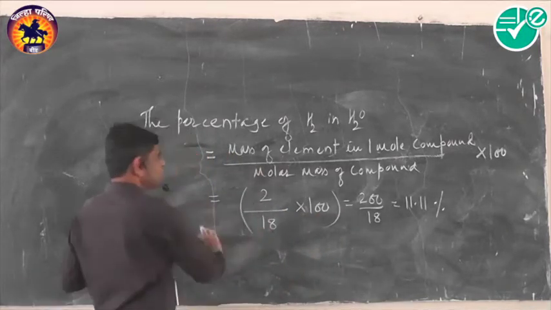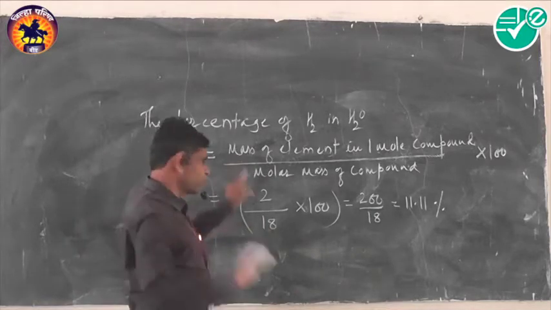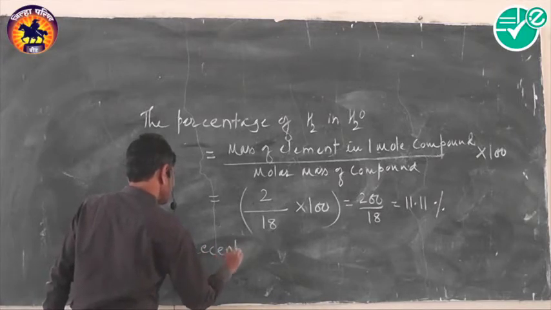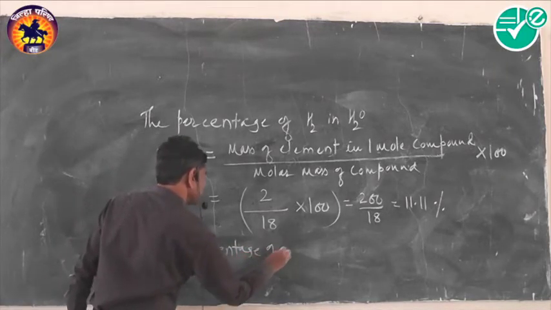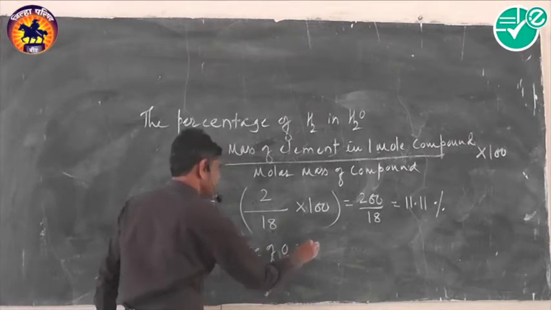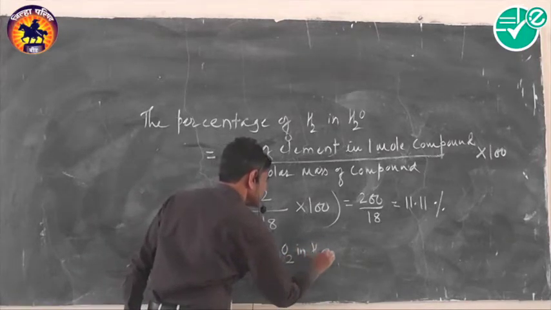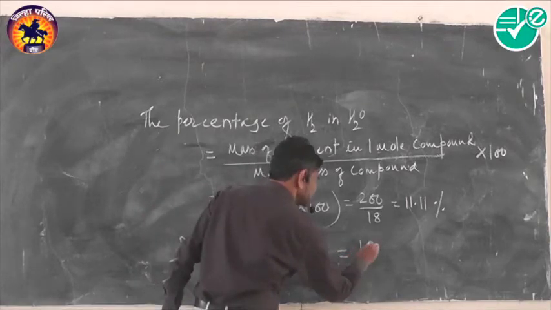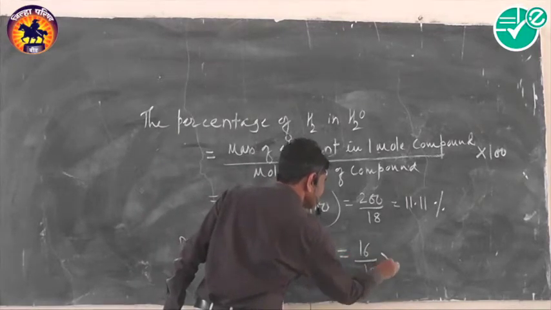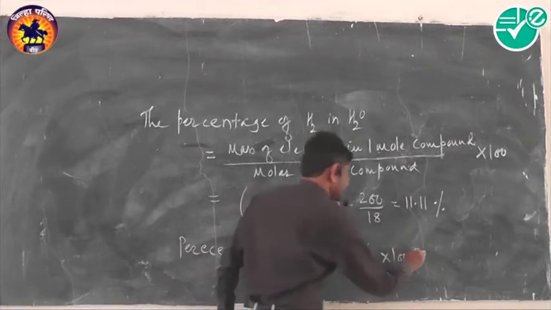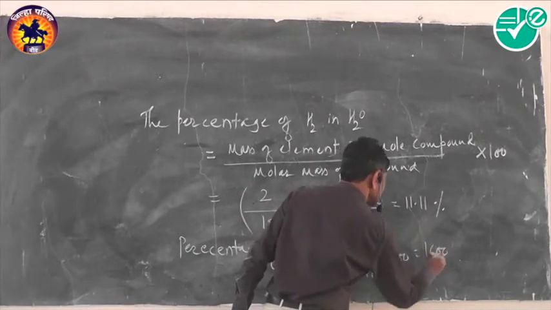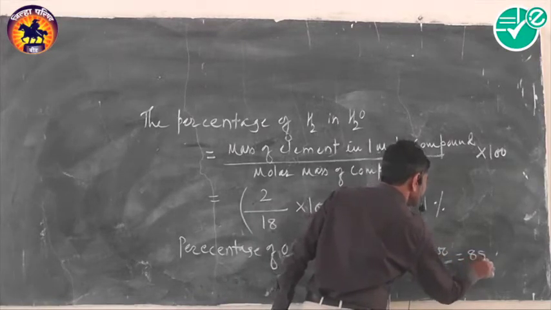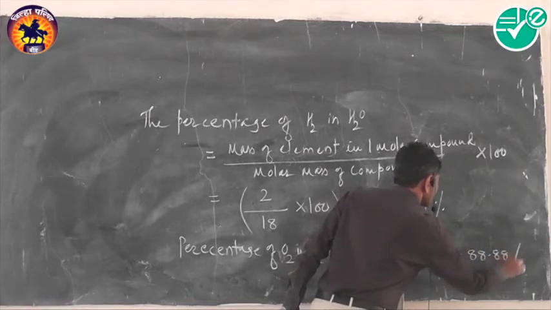Now the percentage of oxygen in pure water. What is the mass of oxygen in 1 mole compound? That is 16 gram. What is the molar mass? 18. So 16 upon 18 multiplied by 100, which is equal to 1600 divided by 18, that is 88.88.